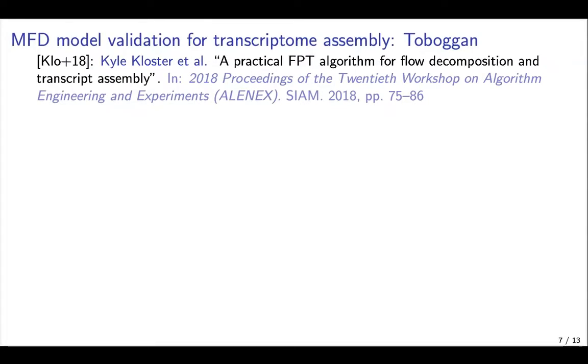So by giving an FPT algorithm and then engineering software based on that, which they called Toboggan, they could test that assumption that the MFD of the splice graph really corresponds to the ground truth solution.